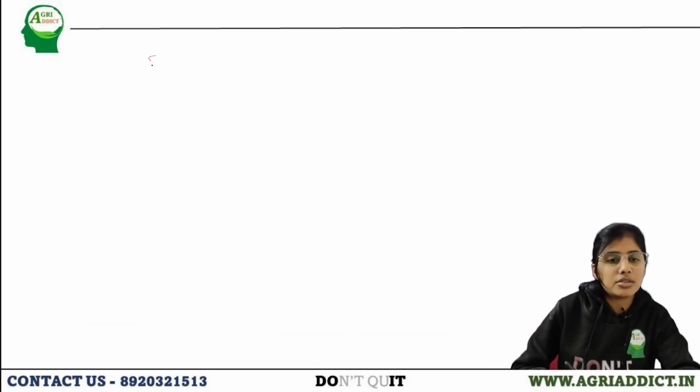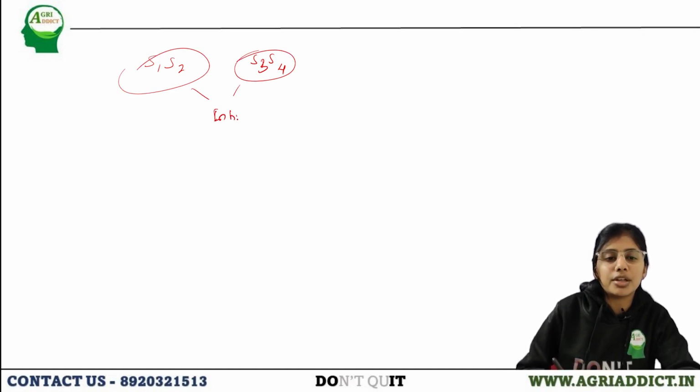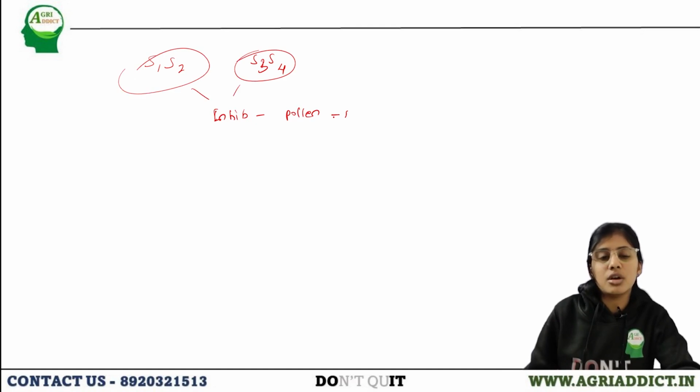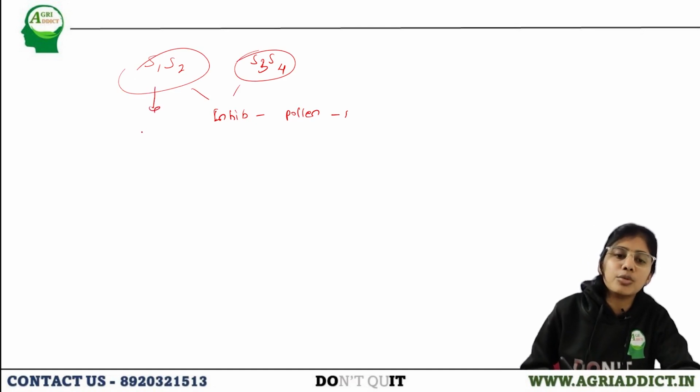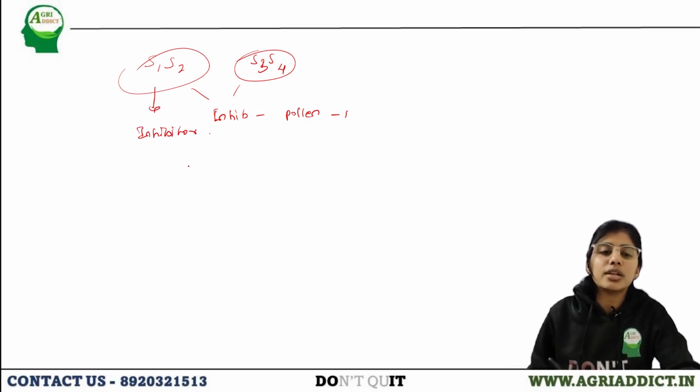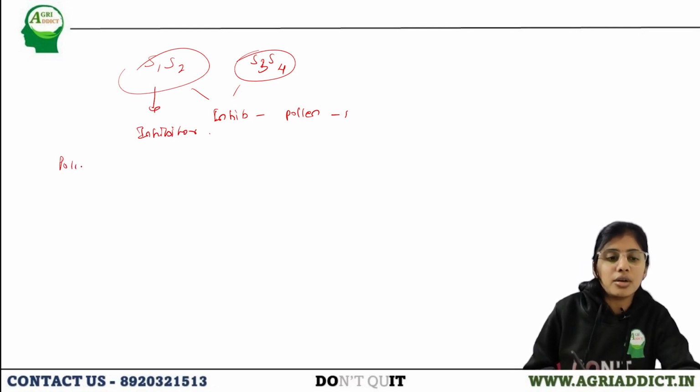So what happens if they belong to a different group? Let us see here. That is, you are fertilizing S1, S2 with S1, S3, S4. That is, they belong to different groups. So there is no inhibitory effect here, so the pollen can normally germinate and effect the fertilization. Only when they belong to the same fertility group is there some inhibitor production. So these are the two kinds of interaction happening between the pollen and the pistil.